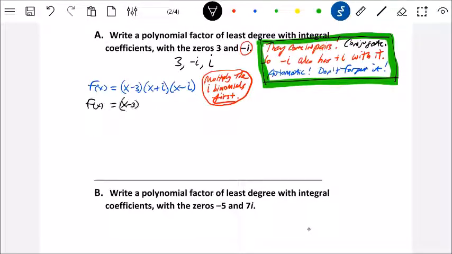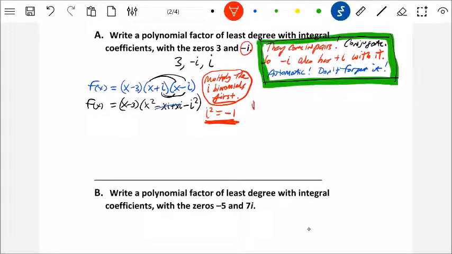I'm going to keep the x minus 3. x times x means x squared minus xi plus xi, and then minus i squared. Right here, these will cancel out. And the next thing is that remember that i squared is equal to negative 1.